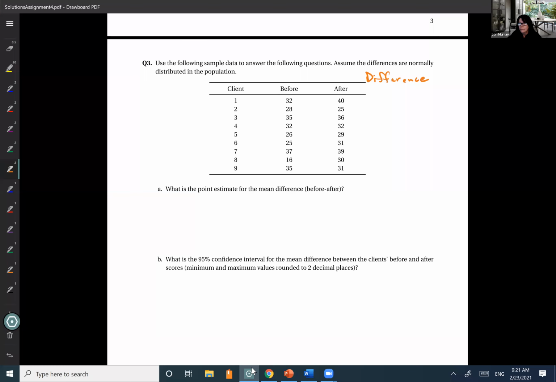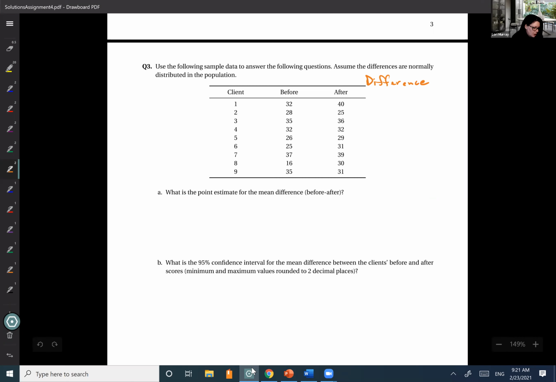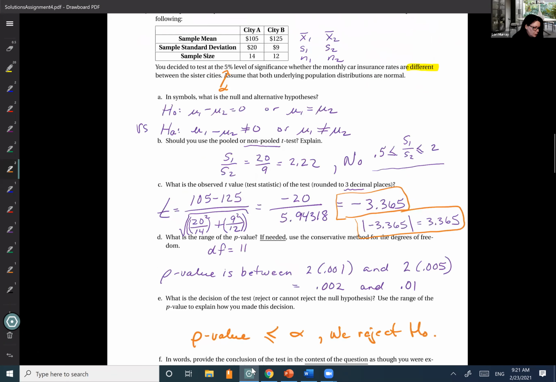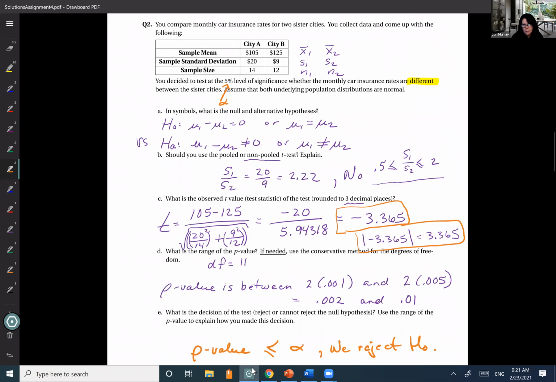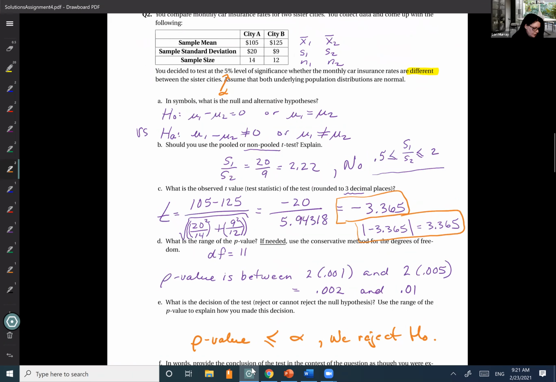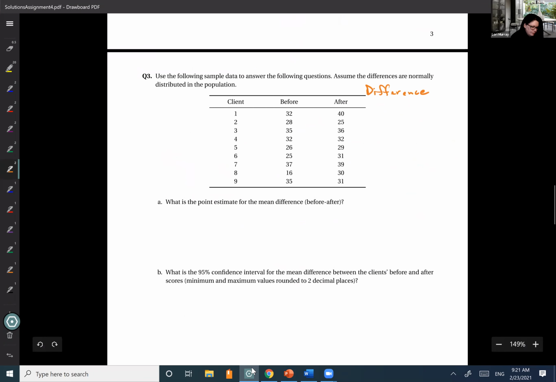Okay. If they're different people, if we had 2 completely different groups of people, then we would have independence and we would use our procedures just like we did here with 2 cities, right? The monthly car insurance for 2 cities. But here we have 9 clients measured before and after.